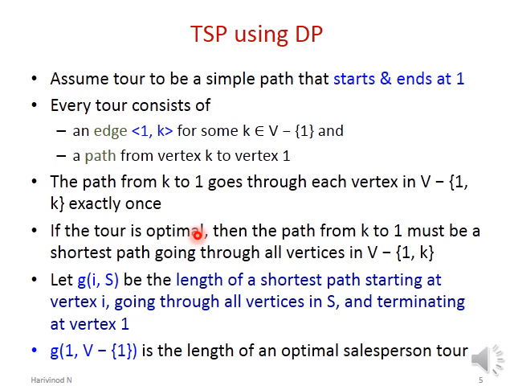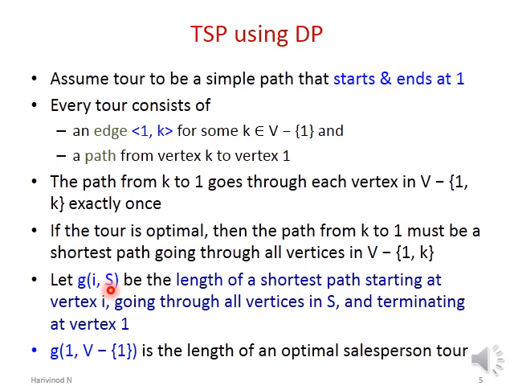So let us have one notation. Let g(i, S) be the length of the shortest path starting at vertex i, going through all the vertices in S and coming back to vertex 1.